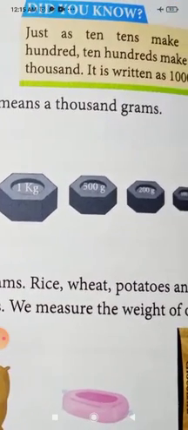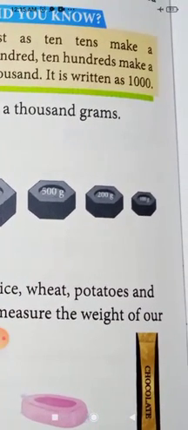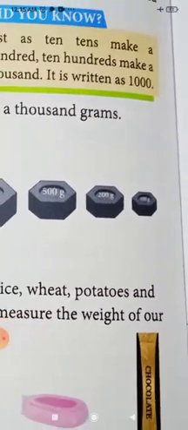This is the small stone of 500 g, 500 grams. 200 g means 200 grams. This is the small stone of 100 g, 100 grams. These are used to balance and measure the weights of a thing.